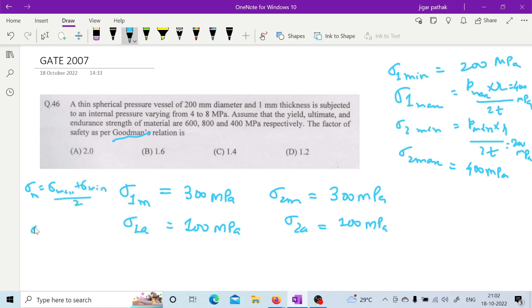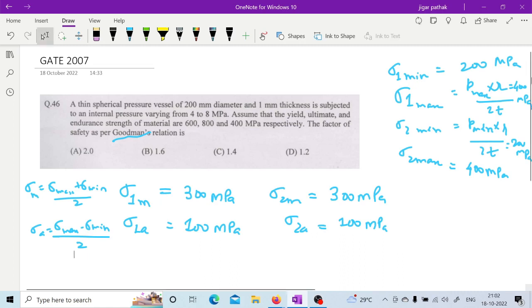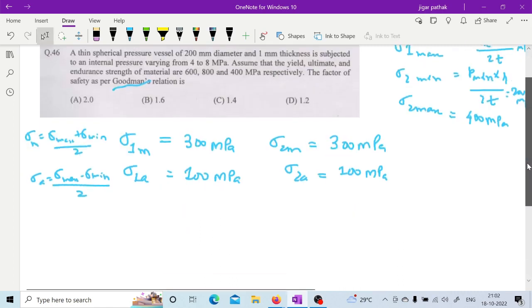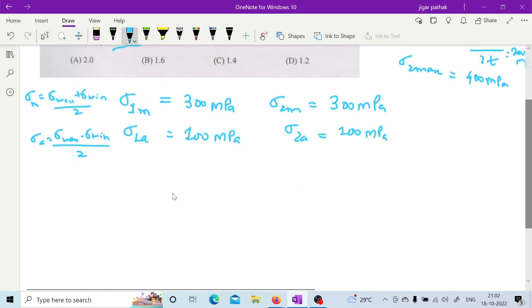Sir, factor of safety means the Goodman line is shifting toward the origin with the same slope. Yes. Okay. So once you have calculated this sigma 1m and this sigma 2m, then you can calculate equivalent stresses, that mean equivalent and that alternating equivalent, by using any of the failure theories. Here we are considering distortion energy.